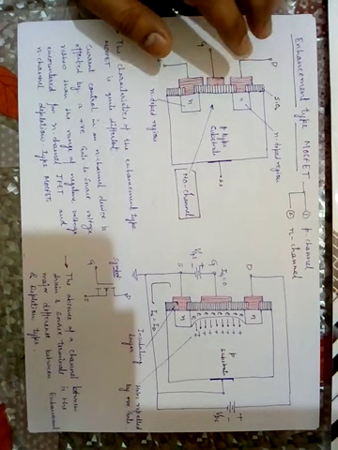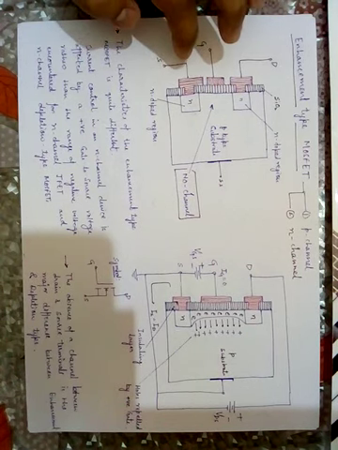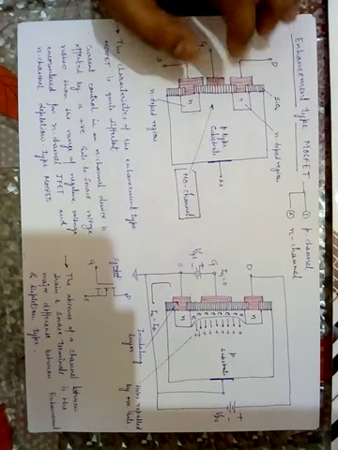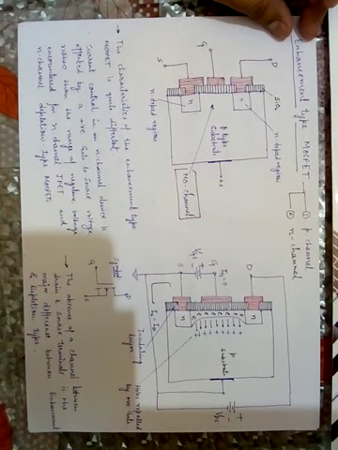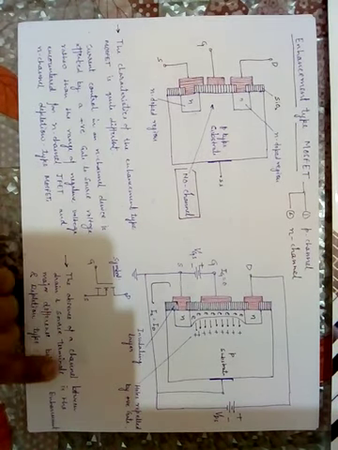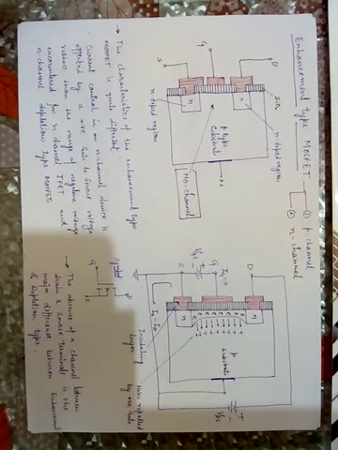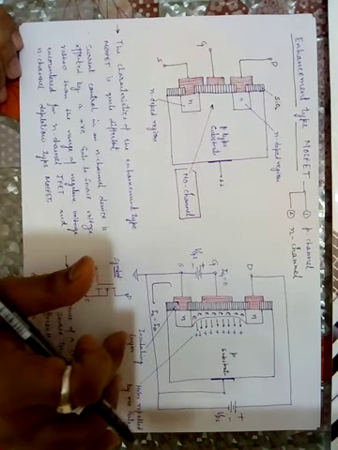Electrons will travel from drain to source only when there is a channel between drain and source. But as we know, in enhancement type there is an absence of channel between drain and source. There is no channel, and without a channel, flow of electrons is not possible. So what can we do? The answer is in the next figure.